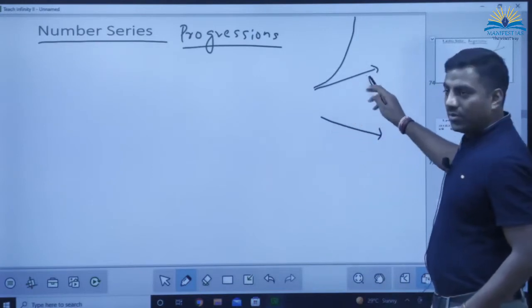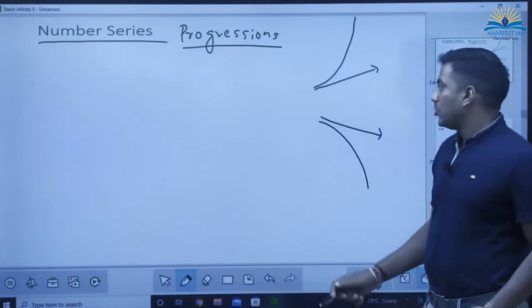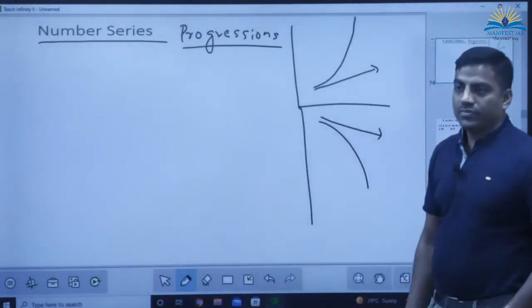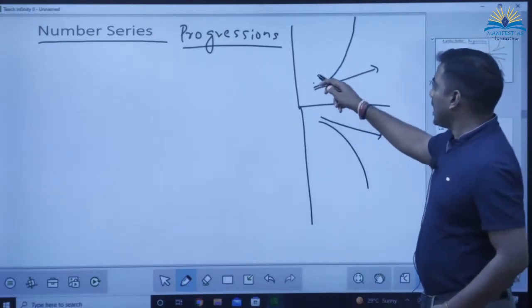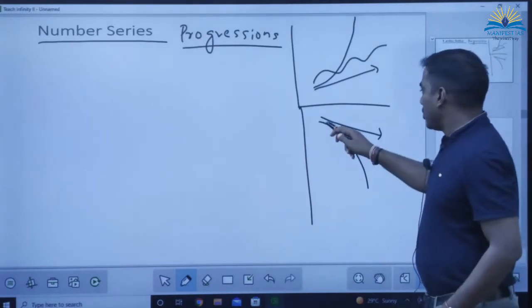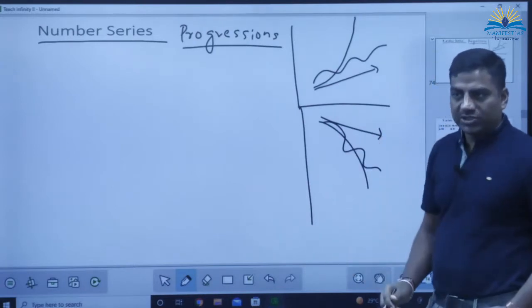And even negative growth can happen exponentially. If I take this as the graph, okay, fine, sometimes the growth can happen like this also. There need not be a strict sense of linear or exponential.